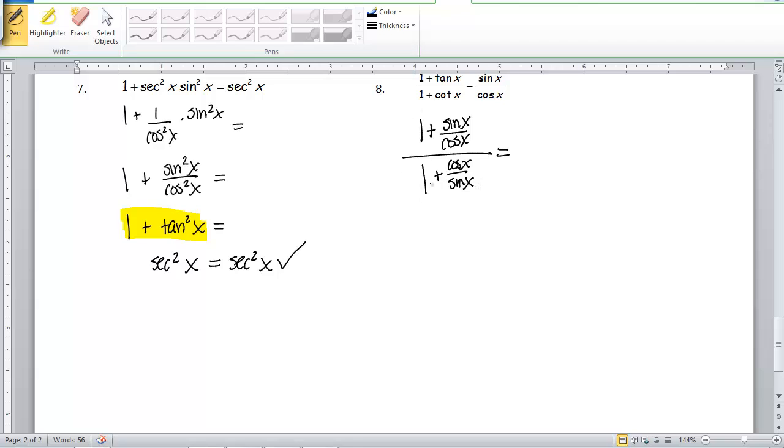That means I need to make these ones have a common denominator so that I can have one fraction. Here I want that common denominator to be cosine, so the way I get a value of 1 is cosine divided by cosine. Down here, I want to have a denominator of sine, so I'm going to change 1 to sine divided by sine.